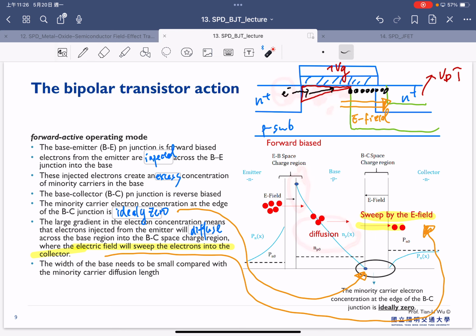Once the electron moves to this point, which is exactly like here, how is this electron able to transport to the drain? That's because we have a high electric field. So the same thing also happens in the BJT. So in general, you will find out that once you've completed all the lectures, the physics actually makes sense and is very consistent. What they are talking about is always the same thing.